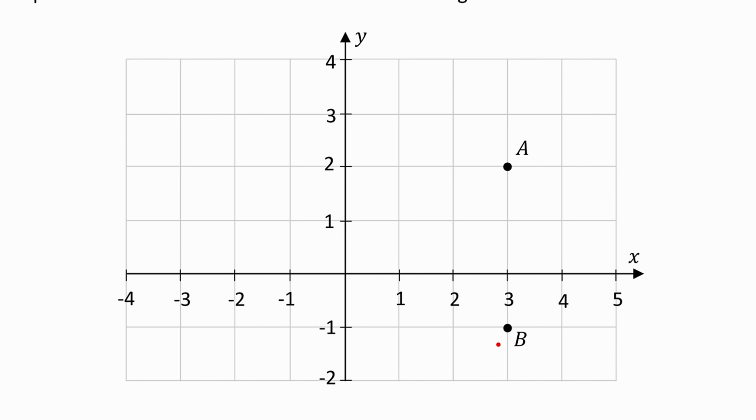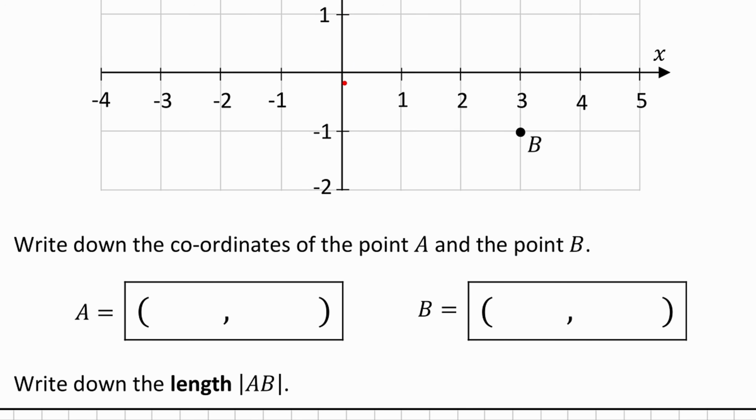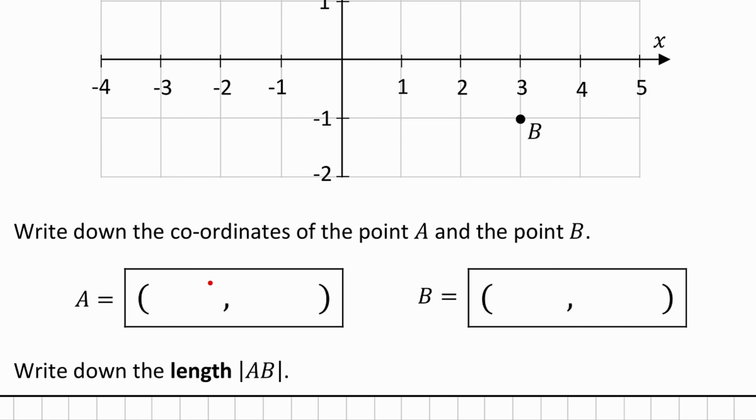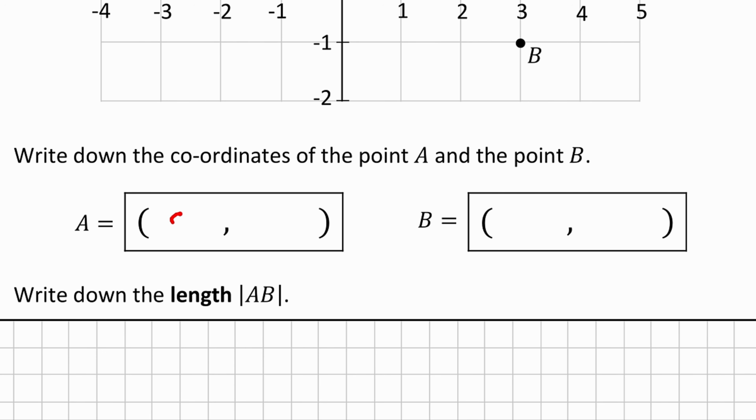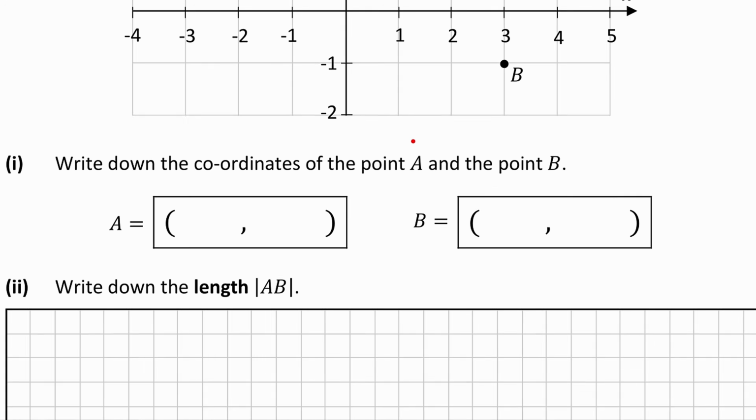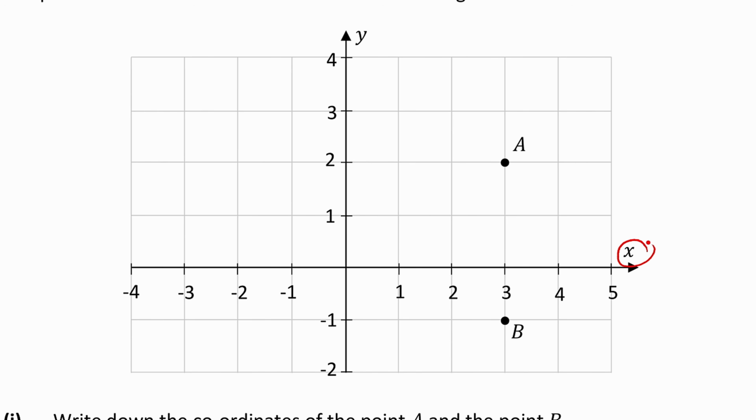Remember that when we write the coordinates of a point from the diagram, we write the x value and then the y value, so we check the x axis and the y axis.